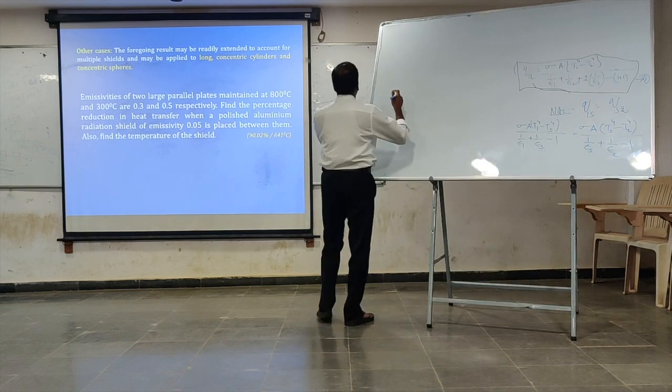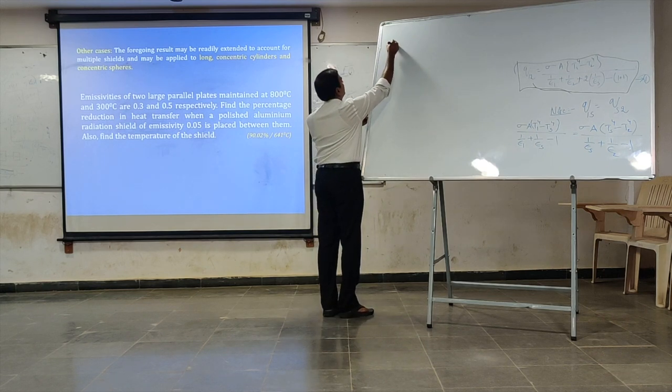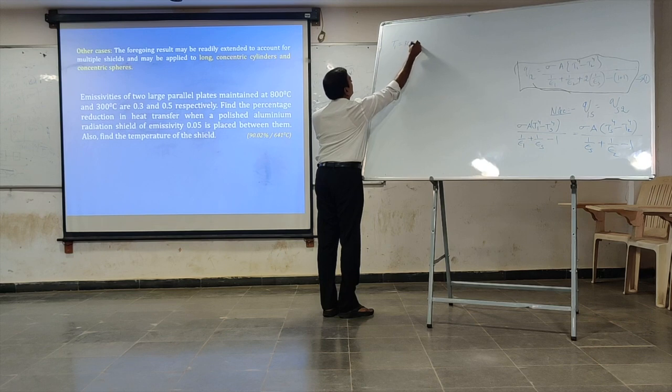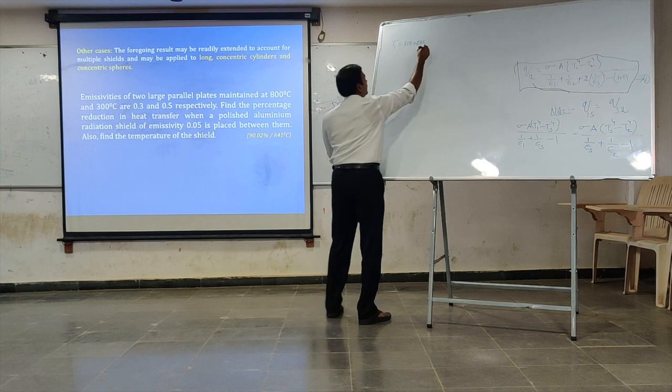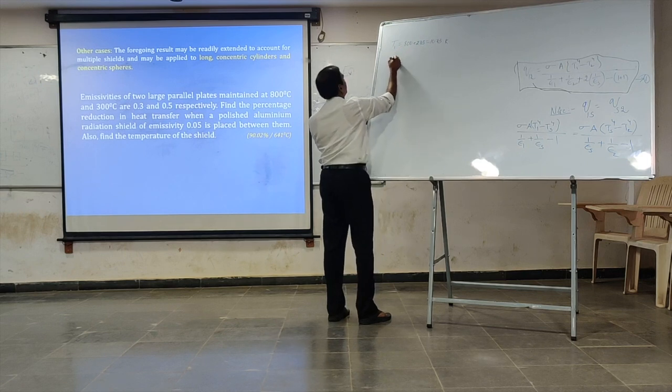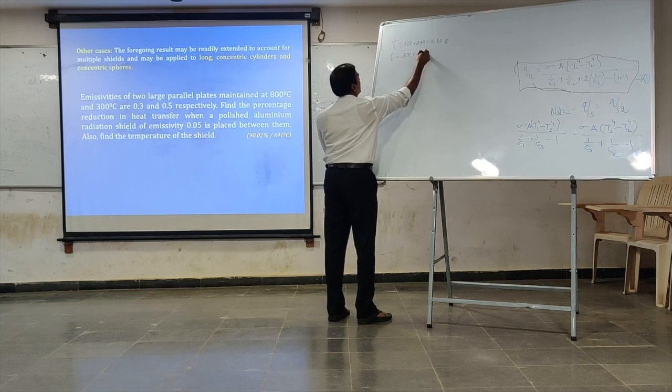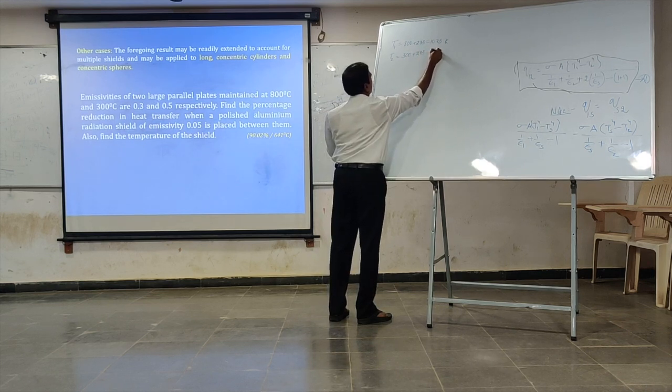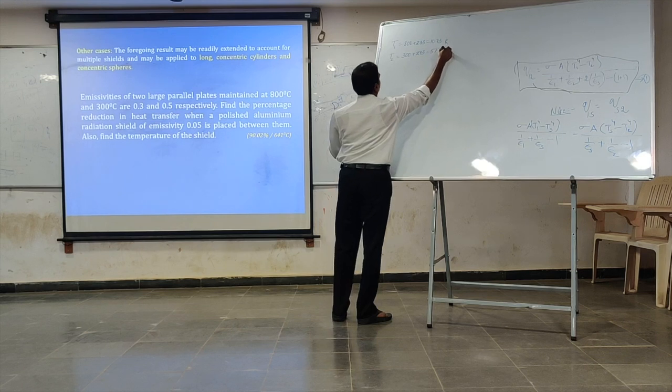Plates are maintained at 800 and 300. T1 is 800 plus 273, which is 1073 Kelvin. T2, 300 degrees Celsius, becomes 573 Kelvin.